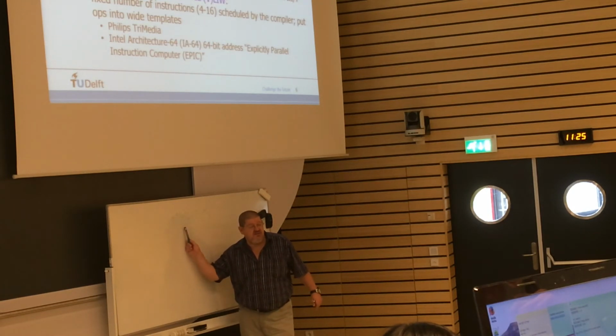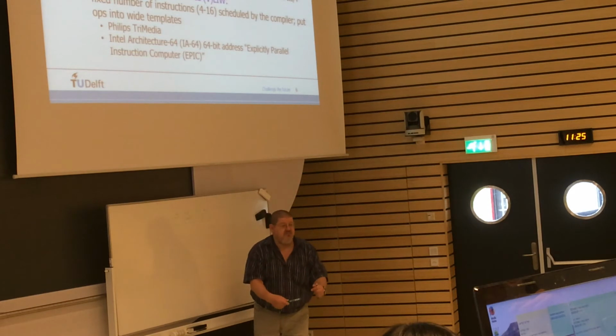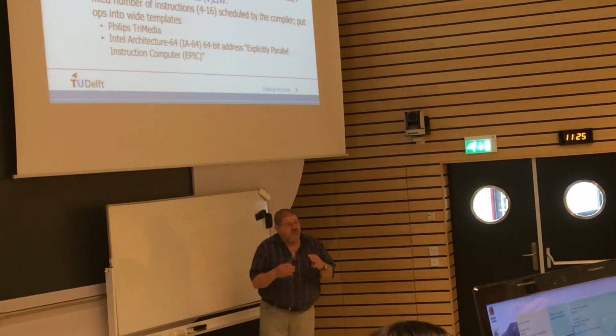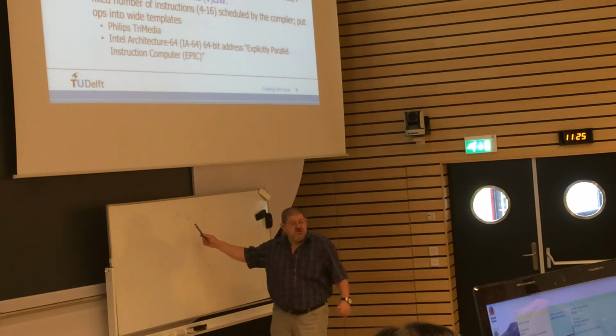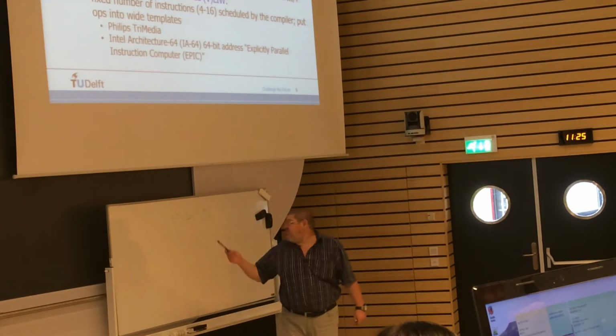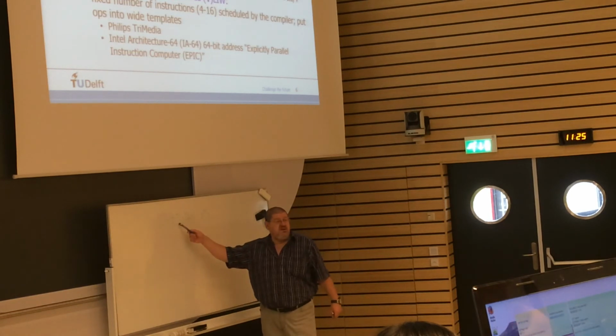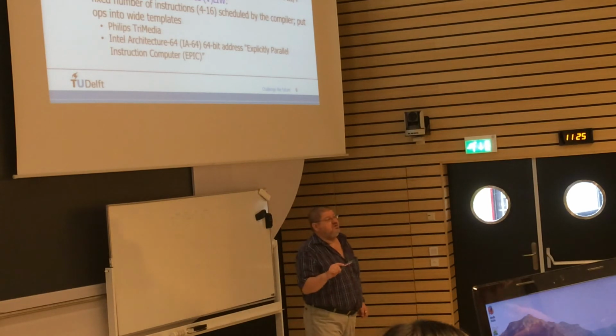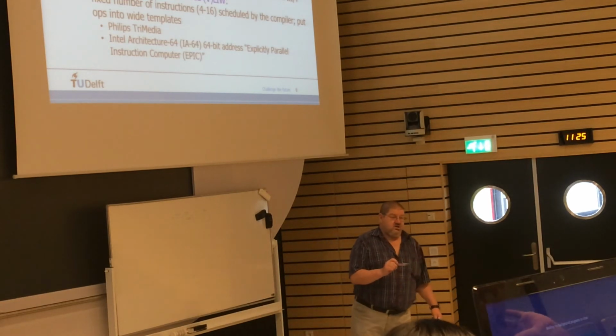If they have a data dependency, they cannot be placed in the same package. That's one story. The true data dependencies are checked by the compiler. The goal of the compiler is actually to fill those slots all the time. In practice, this will not happen due to the nature of the application.